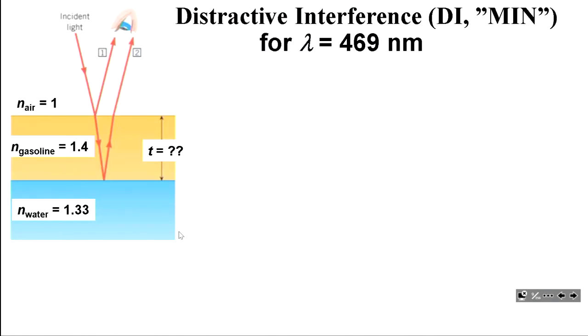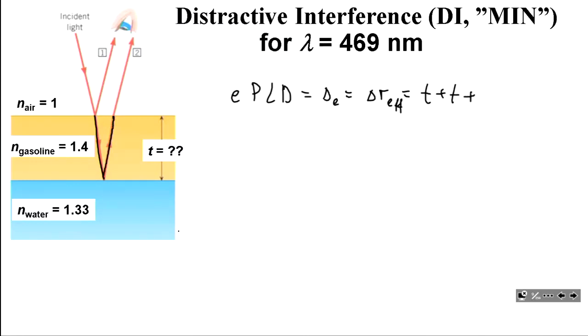So the effective path length difference, or delta R effective, many symbols can be used, always equals 1 thickness because the ray travels down, plus a second because it travels up.